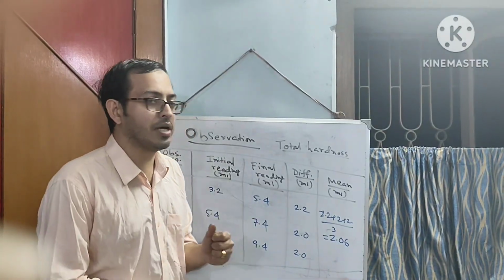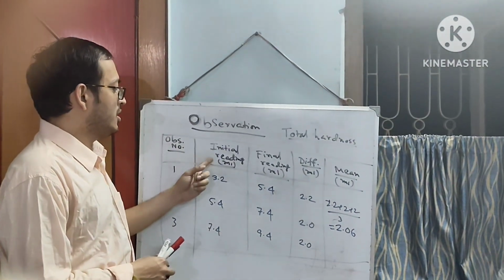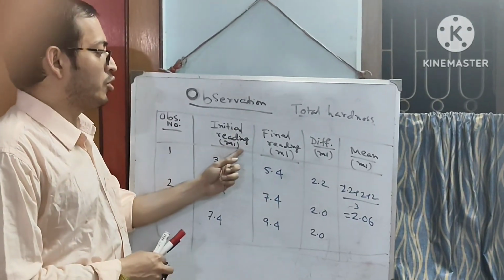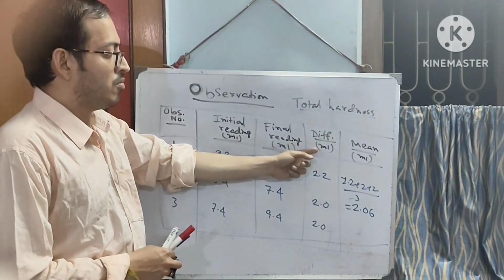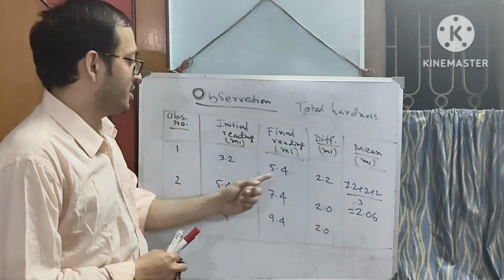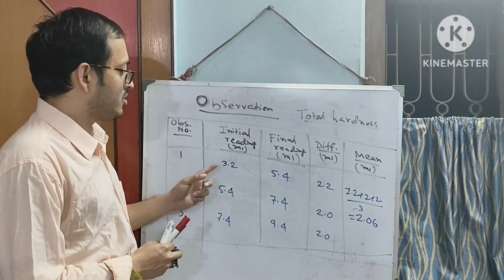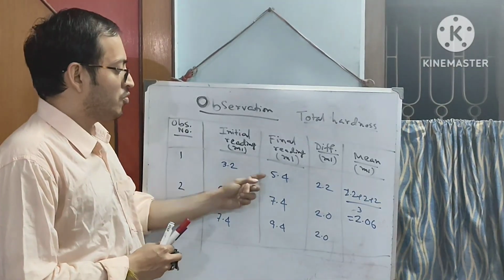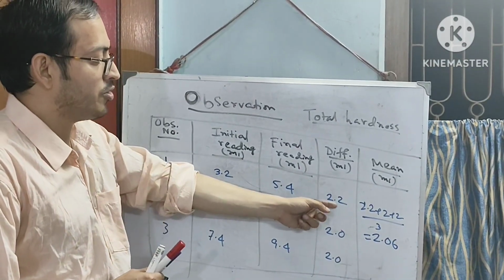So here is a table from our observation: initial and final burette reading. So this is the difference burette reading, and this is the mean burette reading. So you see, in our first observation, the initial reading was 3.2, final reading was 5.4, so the difference is 2.2.